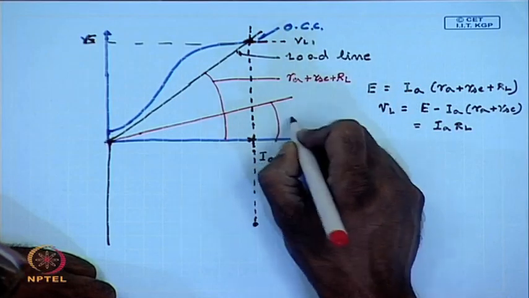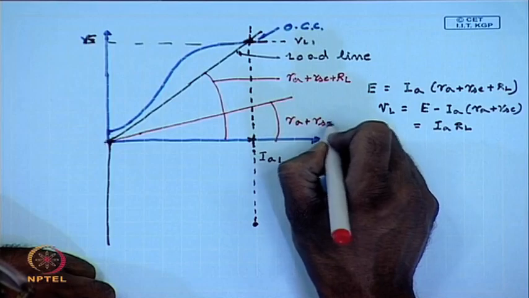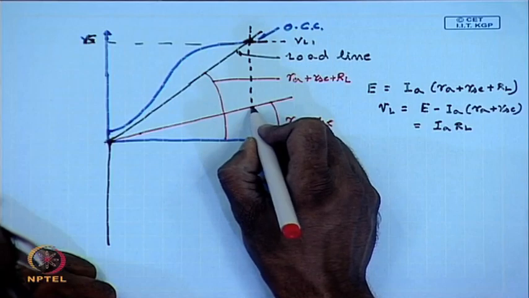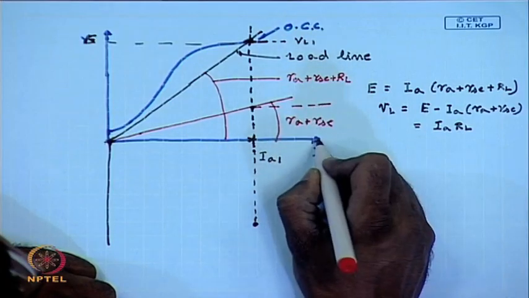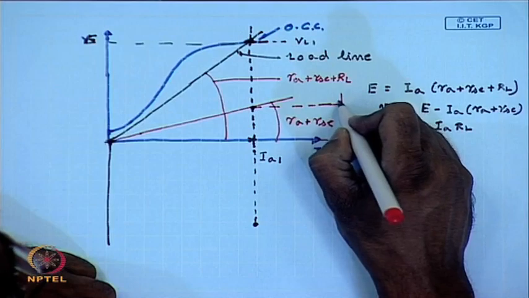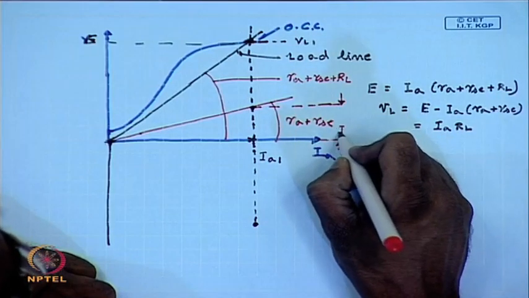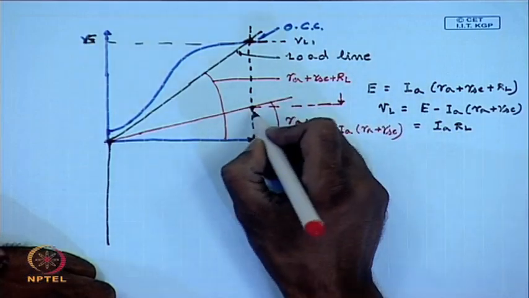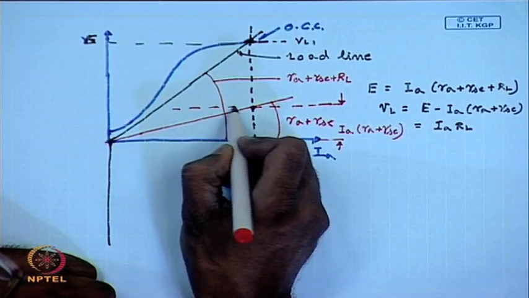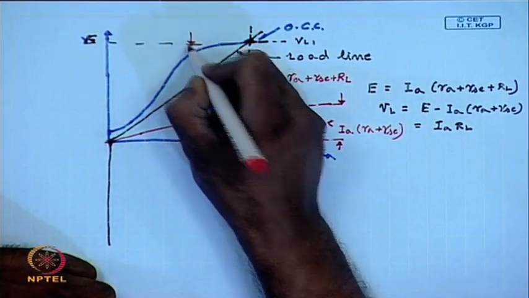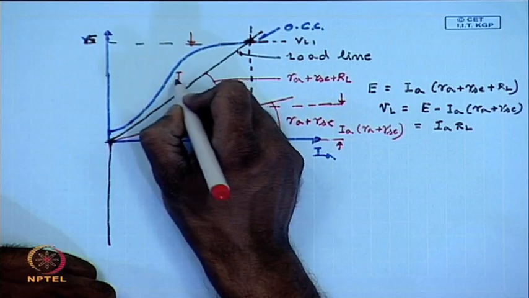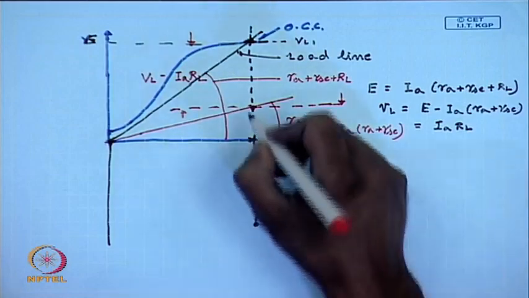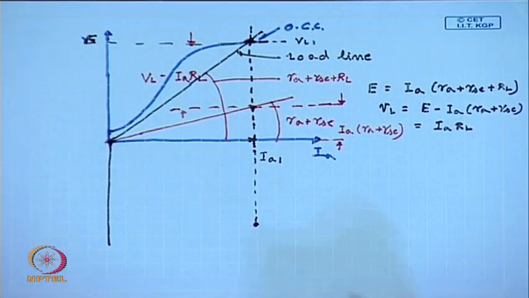Hence, this magnitude represents the drop across the armature resistance, IA into RA plus RAC, and the rest of the magnitude is IA RL, which is nothing but the load voltage.